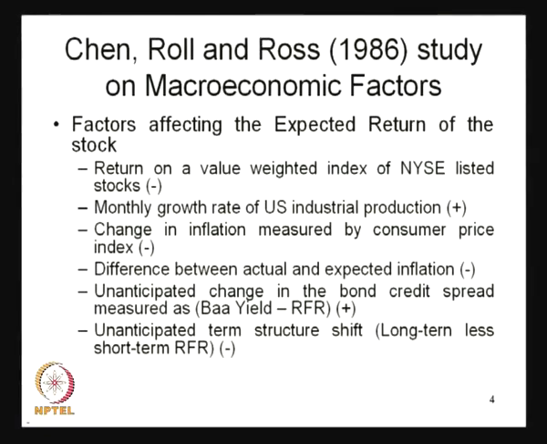But here, what Chen and others have taken is the difference between actual and expected inflation. For example, your actual inflation was 5% and the expected inflation was 6%. Then the difference between actual and expected is minus 1%. That means that if there is a big gap between actual and expected, then the predictive power of this particular model will be less.